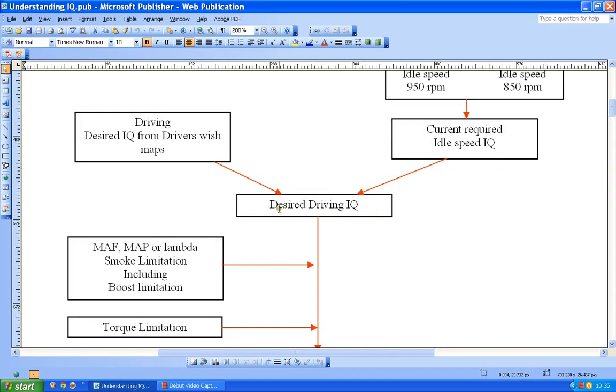In other words, it will produce a smoothed desired driving injection quantity. At the same time, it will produce the original raw data desired injection quantity. So there'll be this one, and there'll be another one, which is the raw data. And then it will also produce one that may include the idle speed, or it may not include the idle speed.